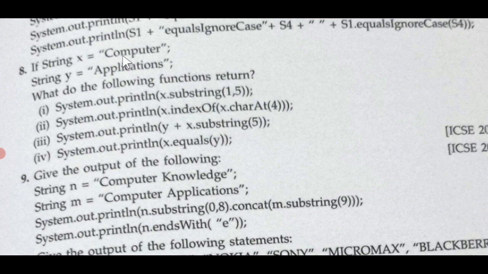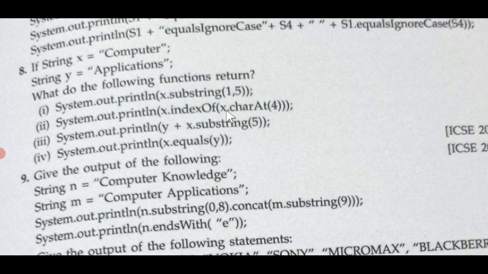X is the string, so 0 1, and 5 will be ignored. So o m p u will be there, index 1 to 4, o m p u, that will be string type data.